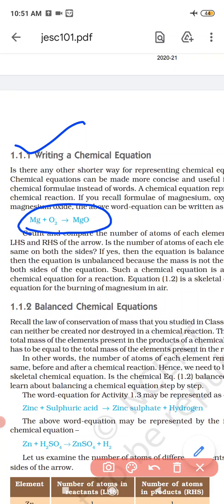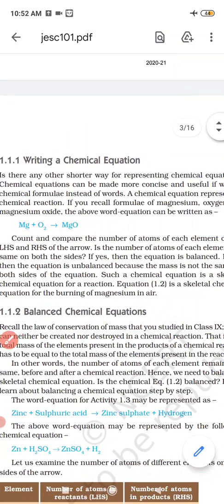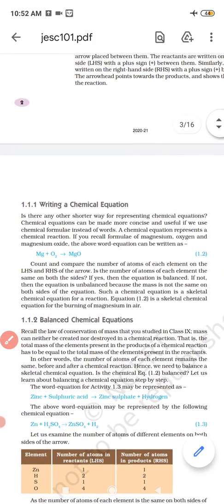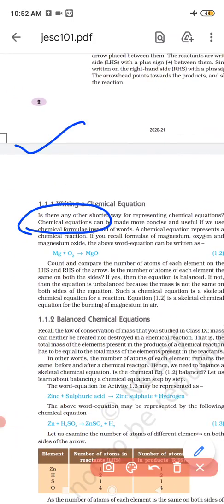So when you write any chemical substance, any element or compound name, in its symbolic form, that is known as a chemical equation. In your books, underline here: a chemical equation represents a chemical reaction.